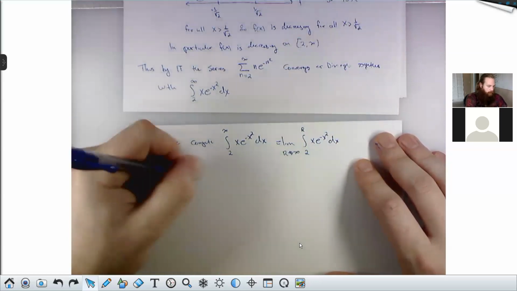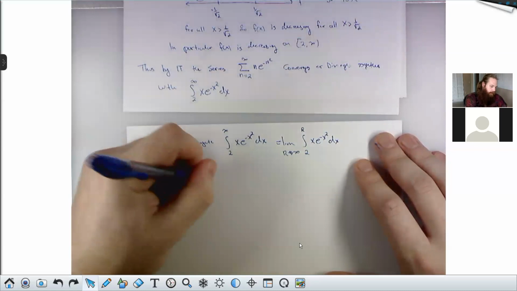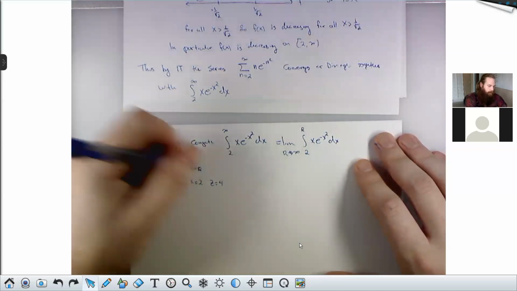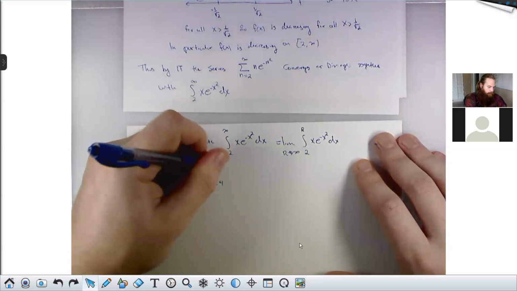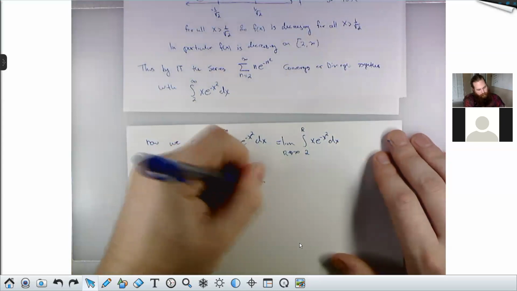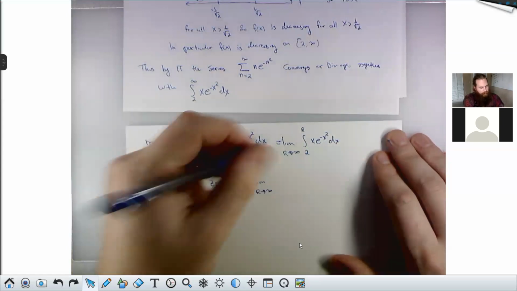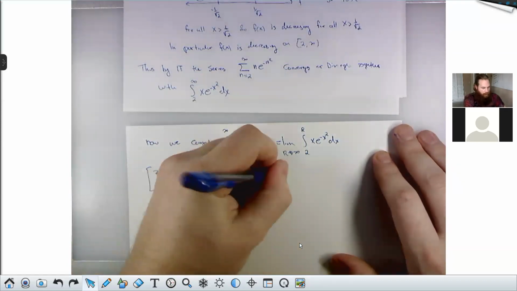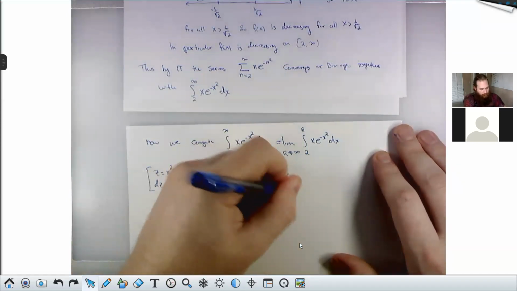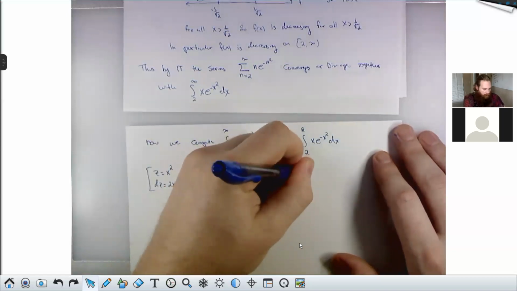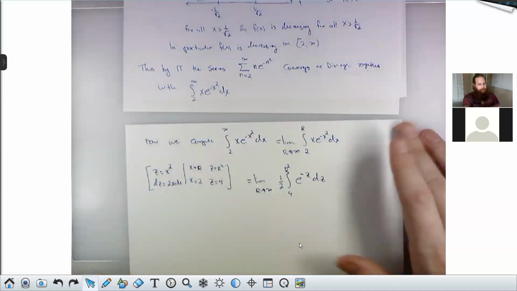My bounds will change. When x is equal to 2, z will be equal to 4. When x is equal to r, z will be equal to r squared. And I get that this integral is the same as the limit as r goes to infinity of, here's x dx, so I'll have a 1/2 pop out, integral 4 to r squared, e to the negative z dz.